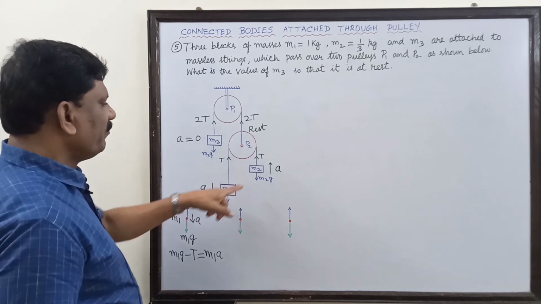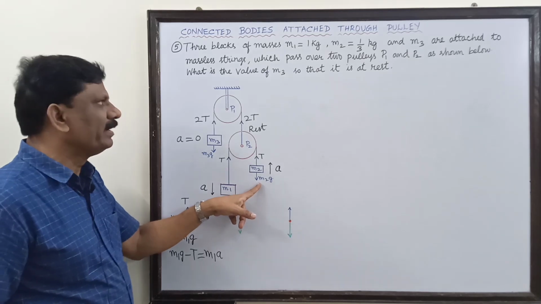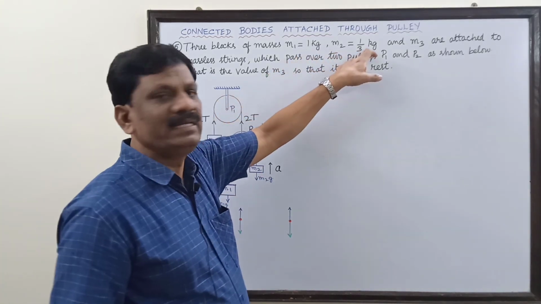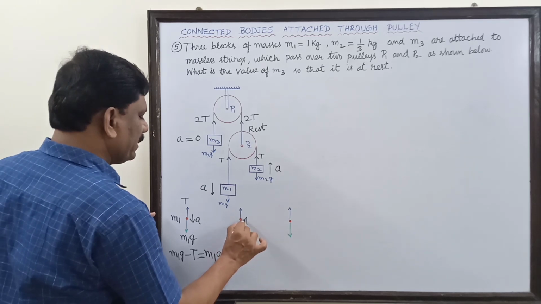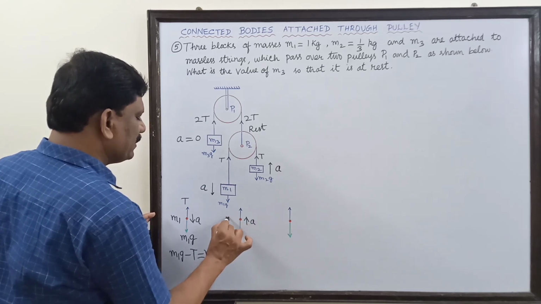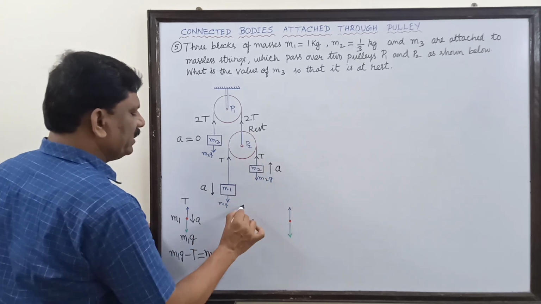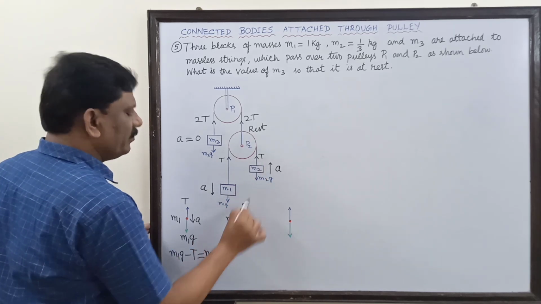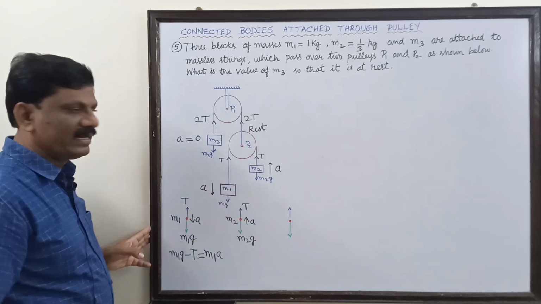And the free body diagram for the mass m2. m2 is a smaller mass compared to 1 kg, 1 by 3 is smaller. So it is accelerated upwards. So here a is upwards and this is the mass m2. Here also the tension T is upward. The weight m2 into g is acting in the downward direction.